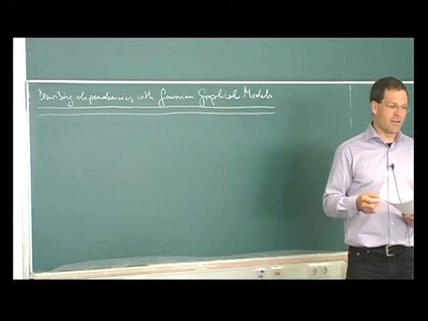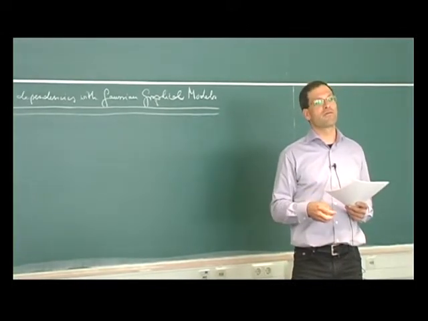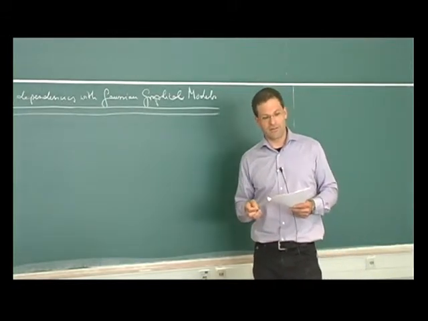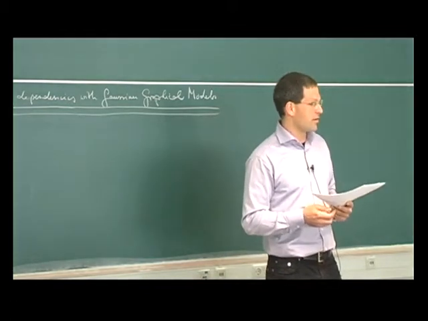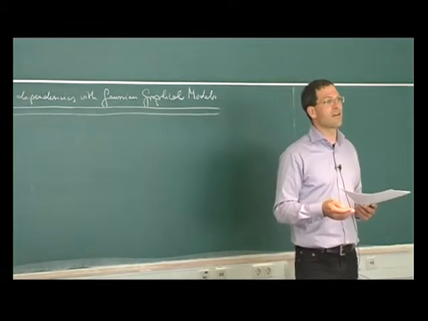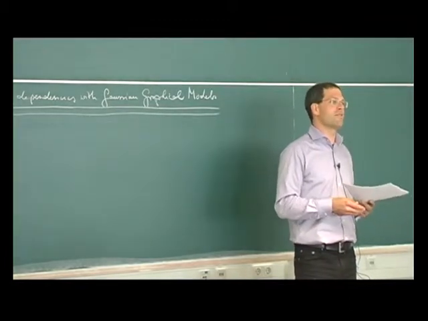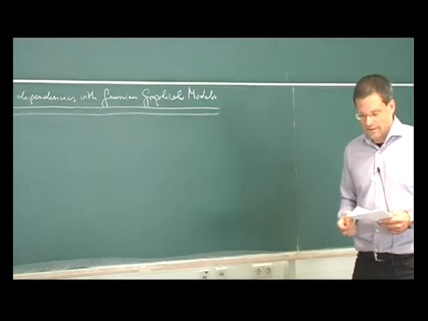And in particular, missing lines show you where you have conditional independence, and these conditional independencies can either be estimated from raw data, or they can be injected as prior knowledge, and this dramatically reduces the number of parameters that you then need to estimate.